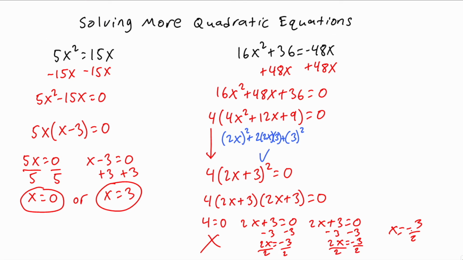And so we turned it into 3 different equations, but we only got one answer. If you end up with a perfect square trinomial, you're always going to get one answer. Even though we factored out a 4, that 4 by itself can never equal 0, and then 2x plus 3 squared, 2x plus 3 is just happening twice. So it's one answer that happens twice. And so in this case, we only have one answer.